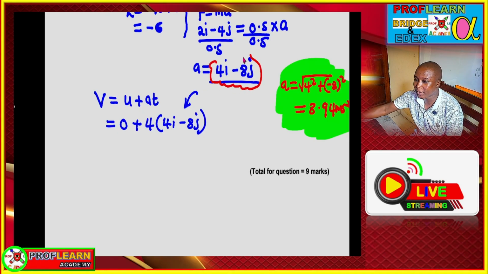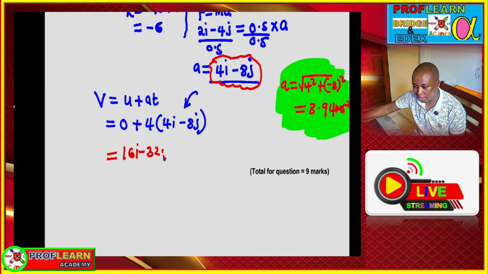This will be the exact magnitude, or you can just work it out the way it is: you work out the velocity, and then proceed. So the velocity is going to be 16i minus 32j.